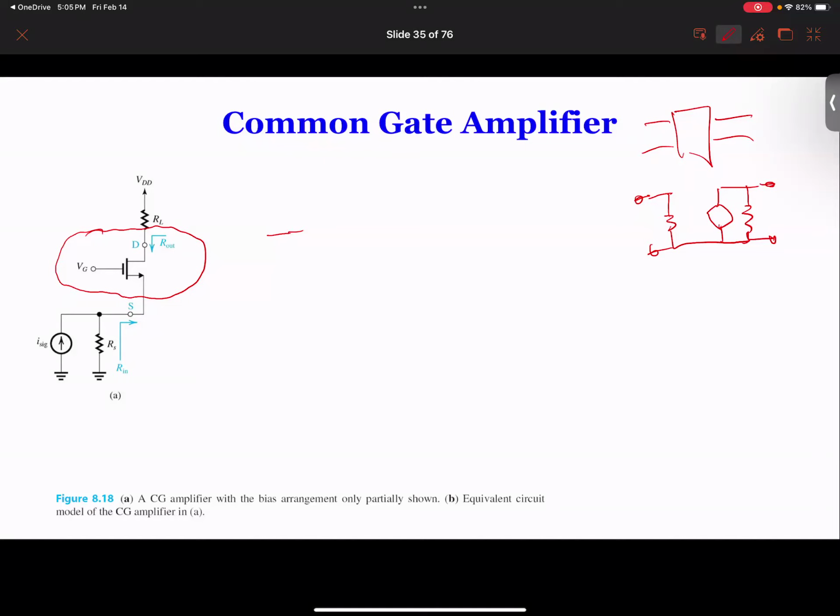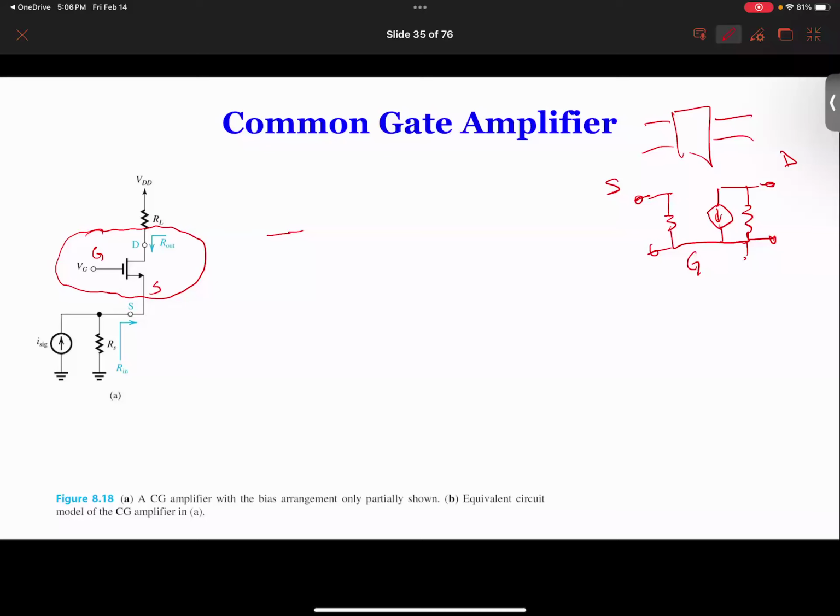Of course, VDD is also ground for AC. So we have the source here, D here, and G grounded.